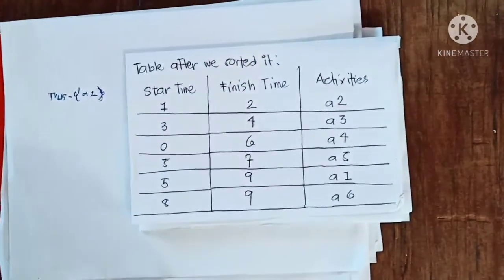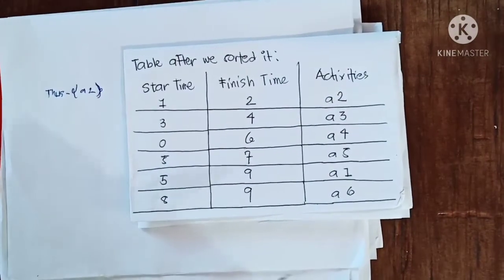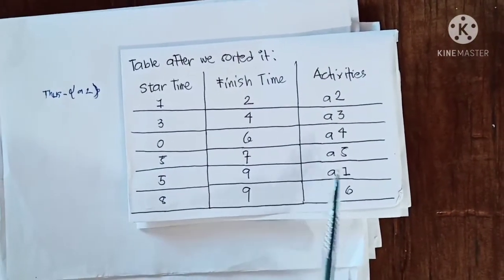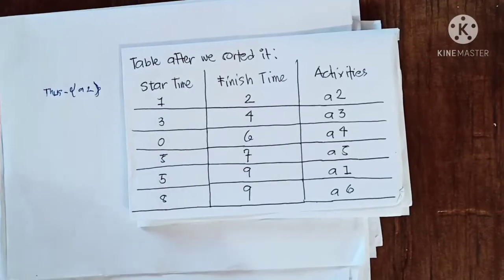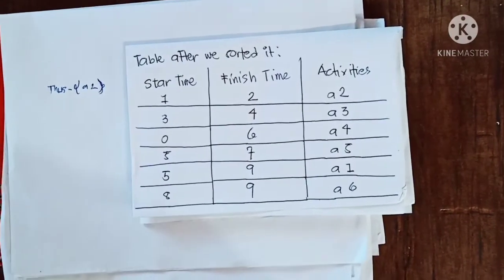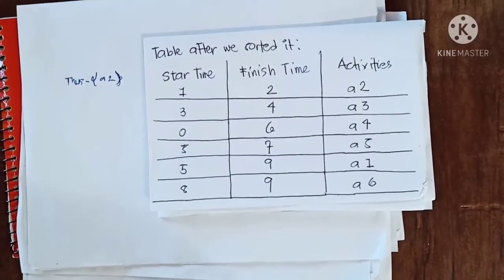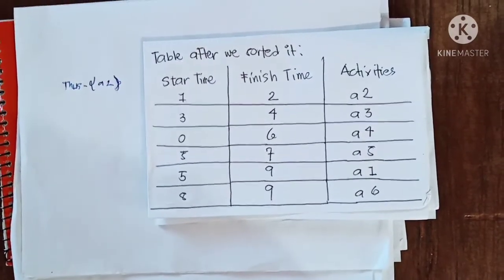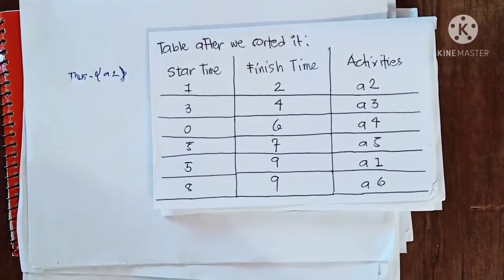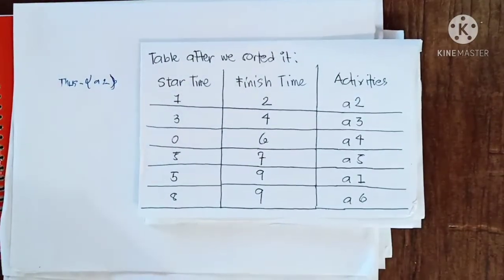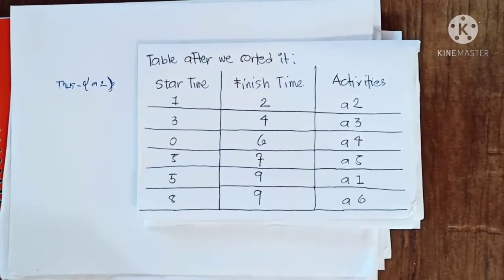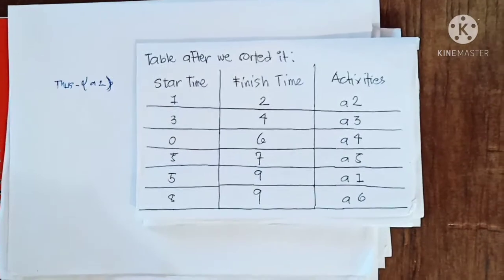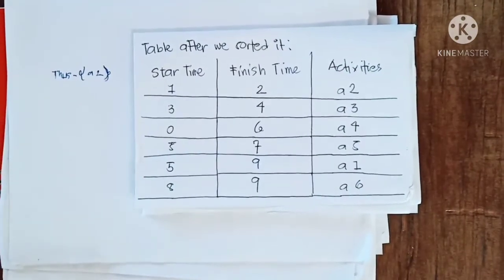The next step is the next activity, which is activity 3. If the start time of the currently selected activity is greater than or equal to the finish time of the previously selected activity, then add it to the solution. Since the start time of activity 3 is greater than the finish time of activity 2, we can add it to the solution.